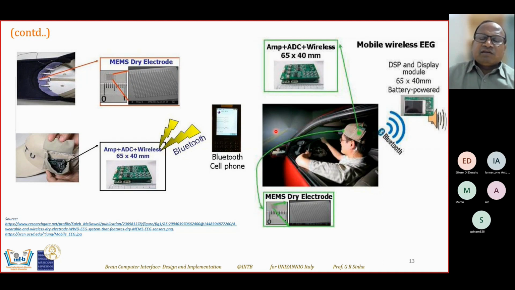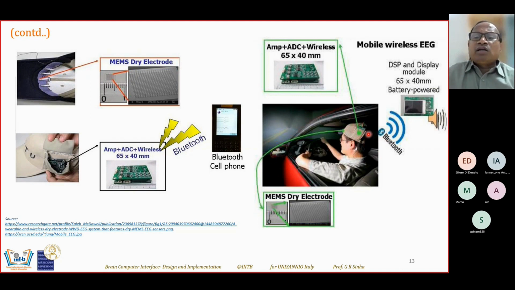For drivers who are driving for a long time, if they are feeling sleepy and go into sleep, how can an alert be generated? Can we read their brain and understand that something abnormal is happening? His attention level is decaying, and we can generate the alarm.